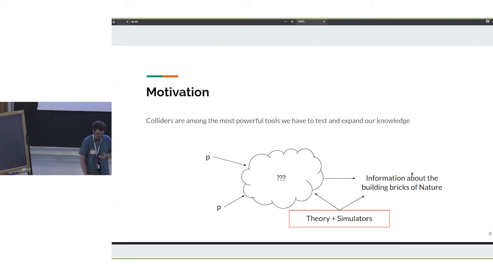And here I say theory and simulators, because for me the use of simulators is a fundamental necessity that one should always keep in mind. We should not only talk about the Lagrangian, but also about the way to get predictions from this Lagrangian to the experimental results. So far so good.